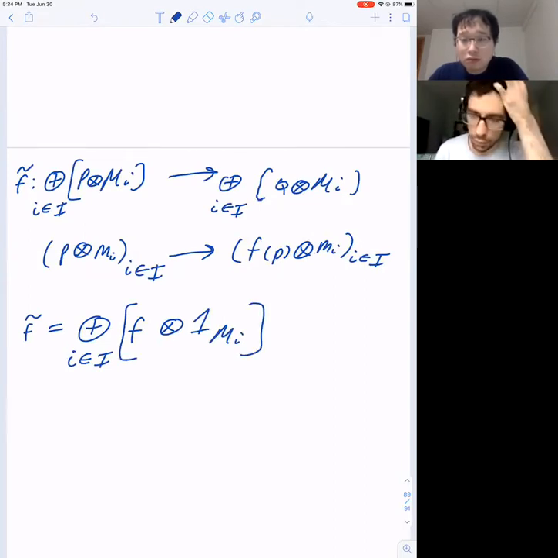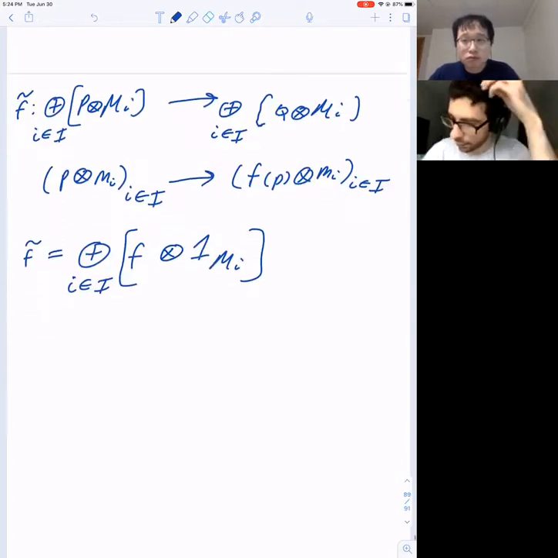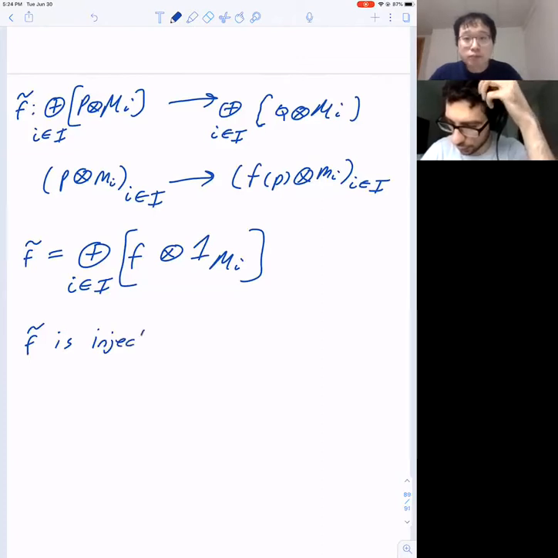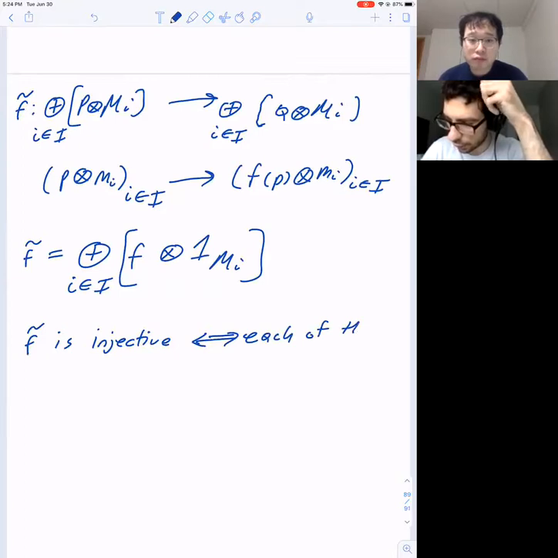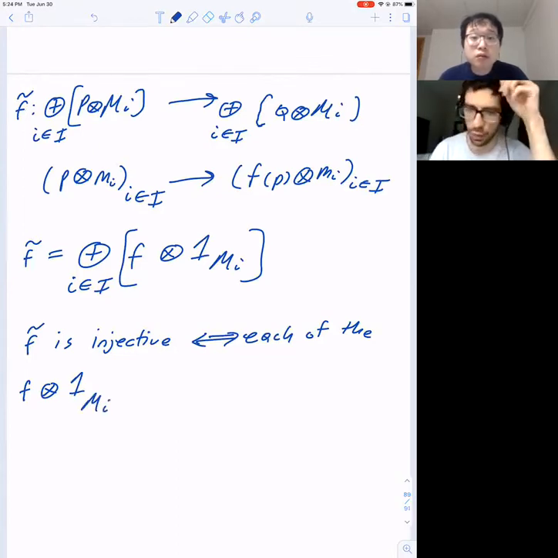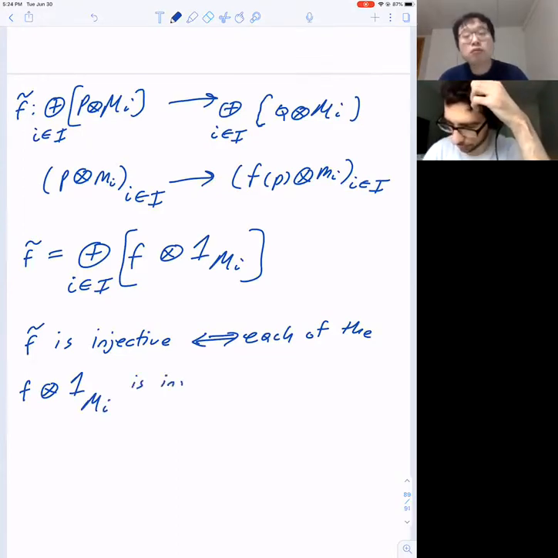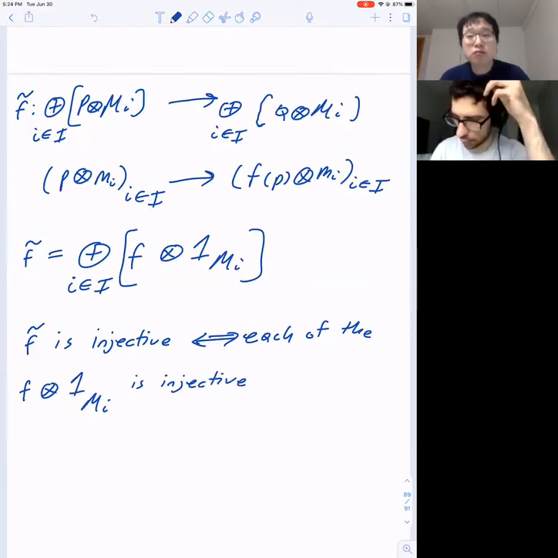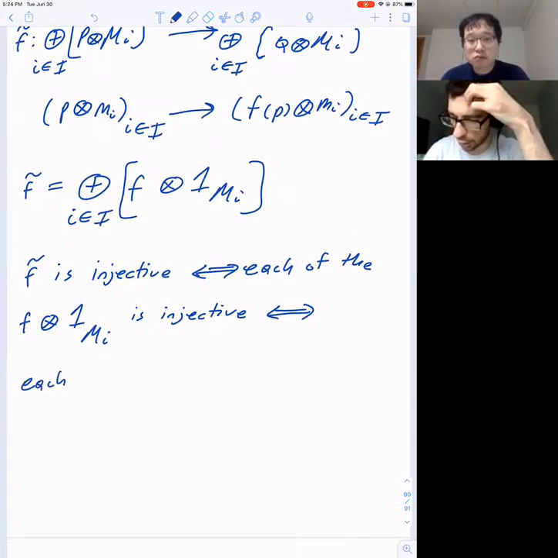And I also want you to realize that this F tilde is injective if and only if each of the F tensor identity of Mi is injective. And this is true if and only if each Mi is flat.